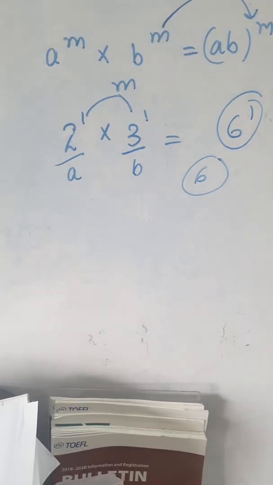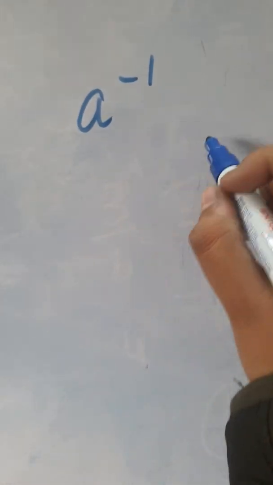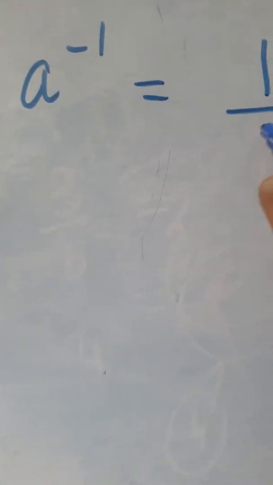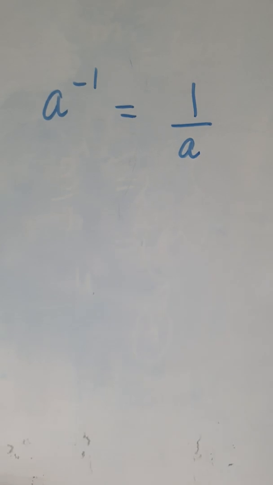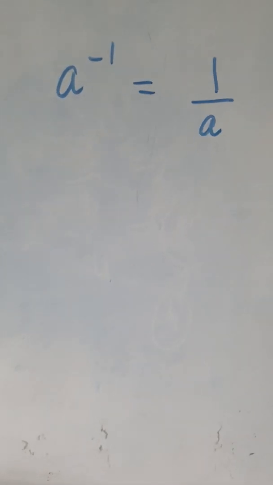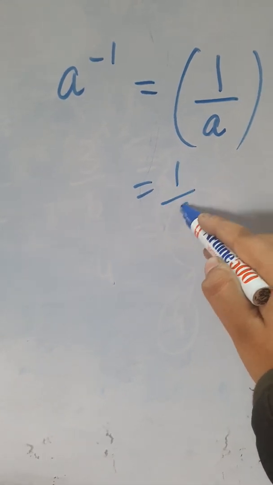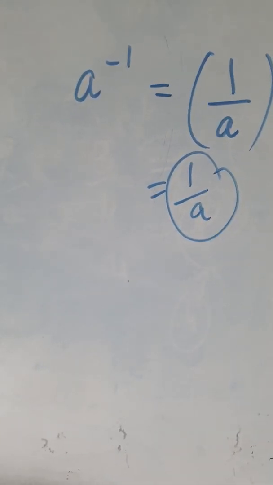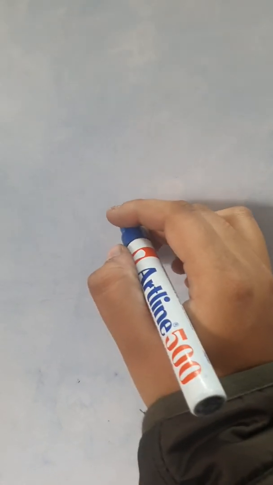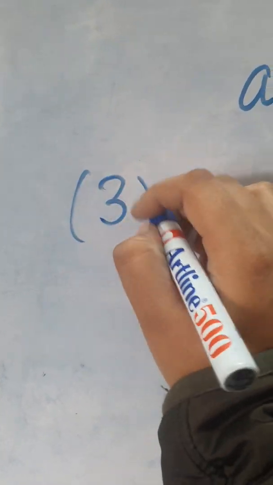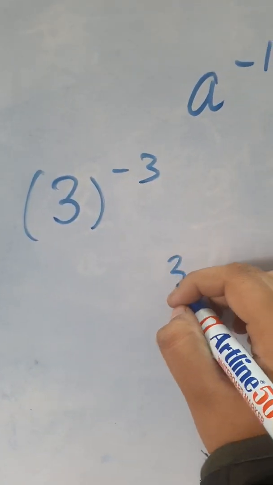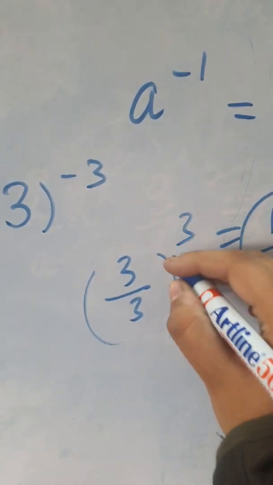Pretty easy, isn't it? If a base has a negative power, then we are going to write it as 1 upon a. So a to the power minus 1 gives you 1 upon a to the power 1, which is the same as 1 upon a. Similarly, if I say it is 3 to the power minus 3, don't say that it is 3 upon 3 to the power 3.